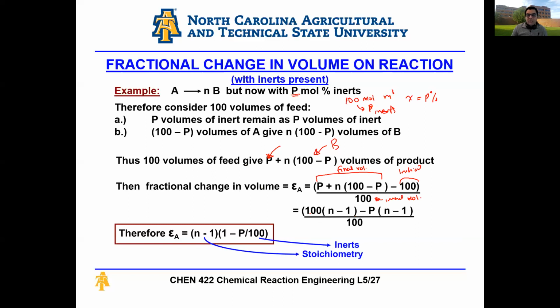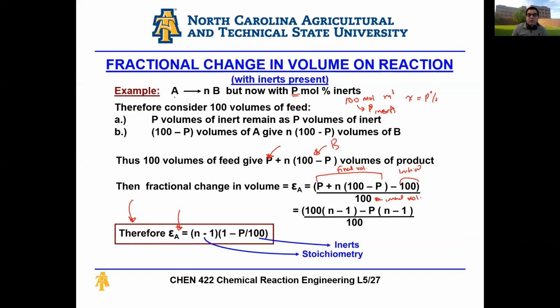And I just do some algebra. This becomes my equation. So my fractional change in volume is equal to N minus 1, times 1 minus P over 100. Okay? So in the case when you have inerts, you can directly use this equation to determine your fractional change in volume, where N is your stoichiometry.